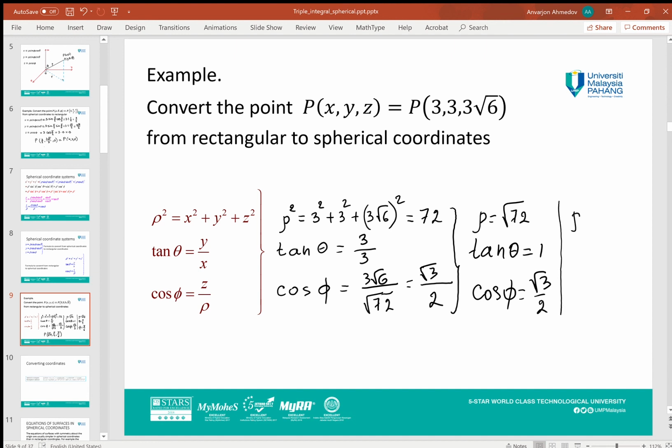So rho is root of 72, theta is pi over 4, and phi is pi over 6. In this way we derive the point in spherical coordinates. This completes part 1 of the triple integrals in spherical coordinates.